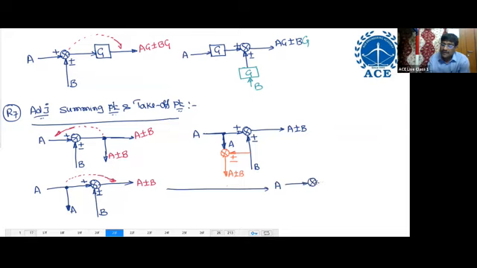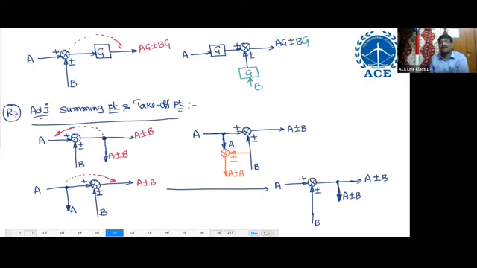Here summing point, plus R minus B. What is the output you are getting here? A plus R minus B. Now you take a take-up point here. What you are getting at the take-up point is A plus R minus B. But what do you want? Only A we want.